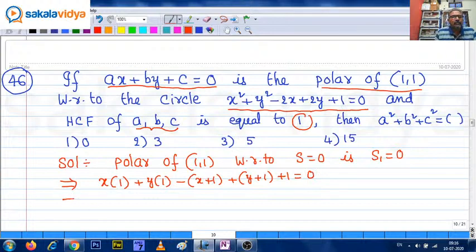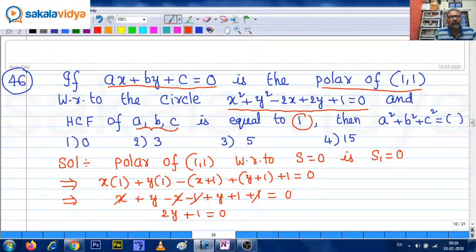Now this equals x plus y minus x minus 1 plus y plus 1 plus 1 equals 0. Here plus 1 minus 1 cancel, x gets cancelled. We have 2y plus 1 equals 0. HCF of 2 comma 1, they are relatively prime. HCF is 1 itself only.